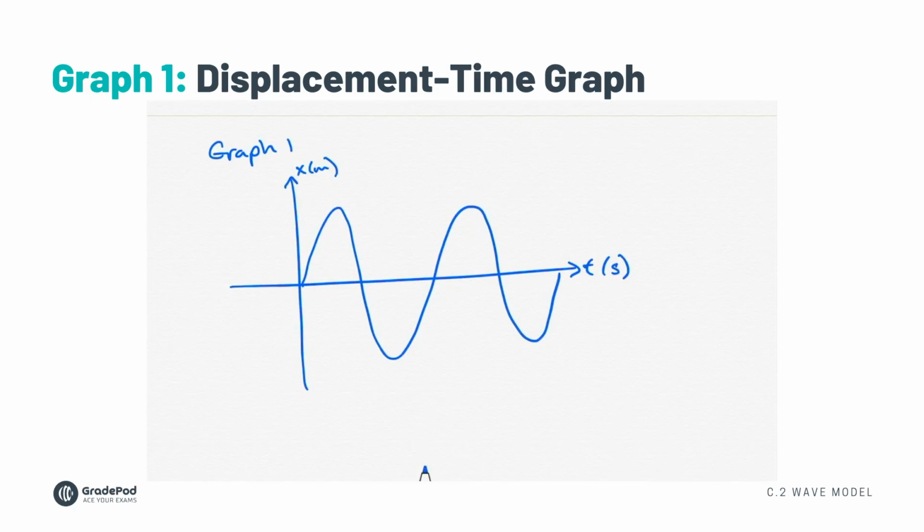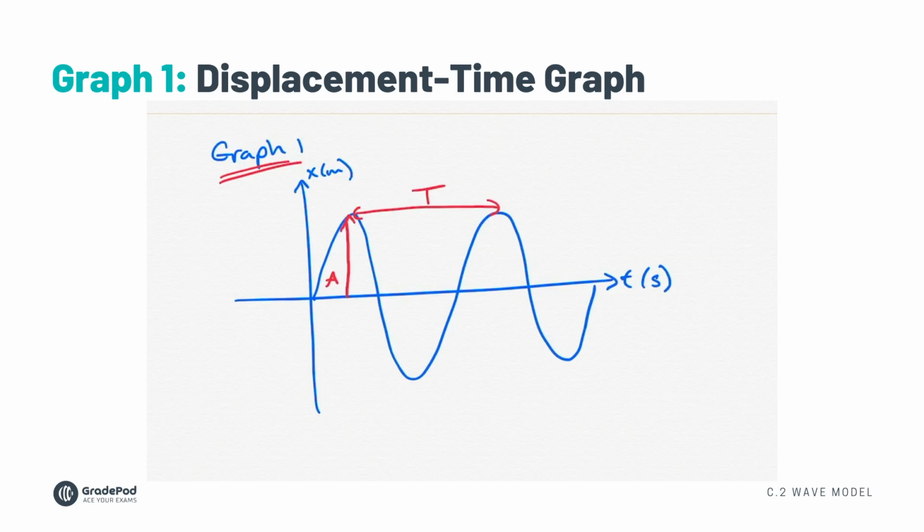On this graph, you can find out the amplitude. You can find out the time period. If you take the tangent of the graph at any time, at that point, that's the instantaneous velocity.